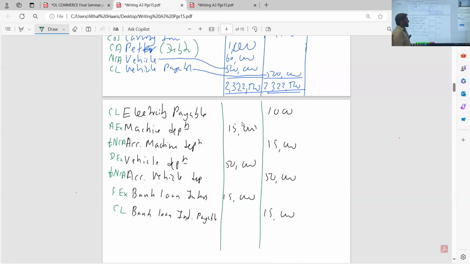Flag X, that's what we did in this particular hidden adjustment. You can get a better understanding if you watch the 2-3 financial statement past paper videos I have done. Watch those videos. It's for you.